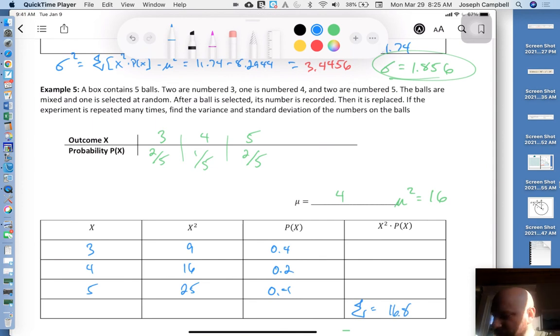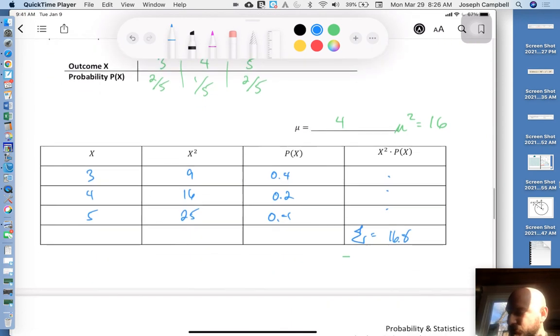Okay, so the sum, which is important, is 16.8. So the variance, that's not variance, this is variance, will be 16.8 minus 16. So my variance is 0.8.